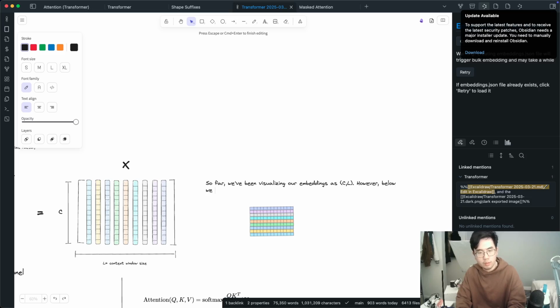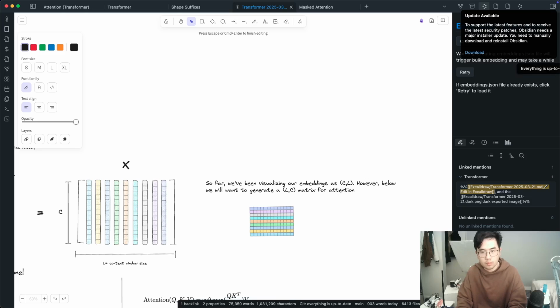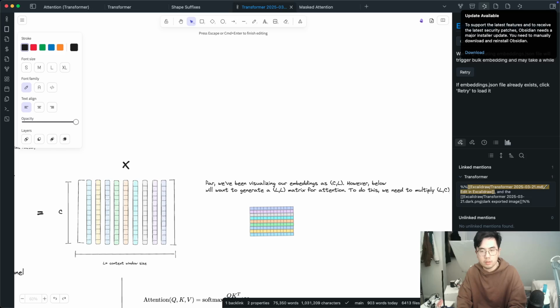To generate a C by C attention matrix, we need to multiply LC by CL.